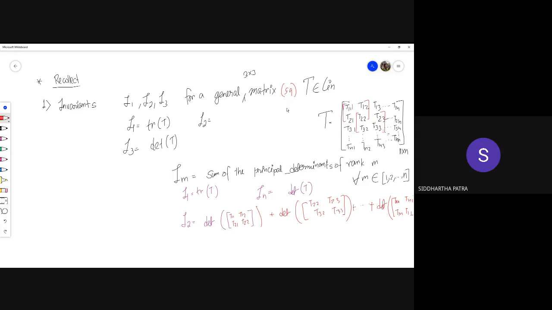Student: Sir, how did the last determinant come about, Tnn, Tn1? Yes, the thing is, if you keep on doing this, you are taking two elements to construct a matrix. By the time you had two matrices, you are taking two rows, right? So you have consumed three rows, but you are actually supposed to repeat the process n times.